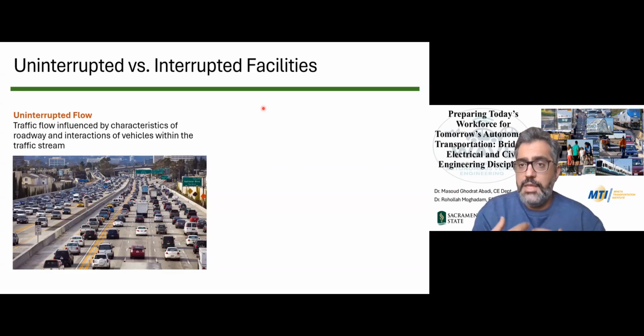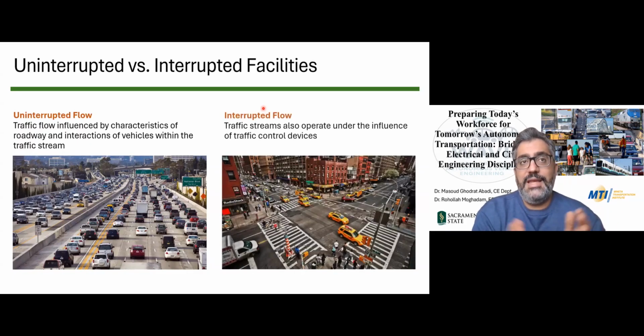You never see me as a traffic engineer with a traffic light or a stop sign telling drivers what to do. Versus in an interrupted flow, I, as a traffic engineer and designer, get involved to interrupt the traffic and make sure there is orderly flow. How do I do that? Based on traffic control devices that we learned in previous classes, in previous modules.